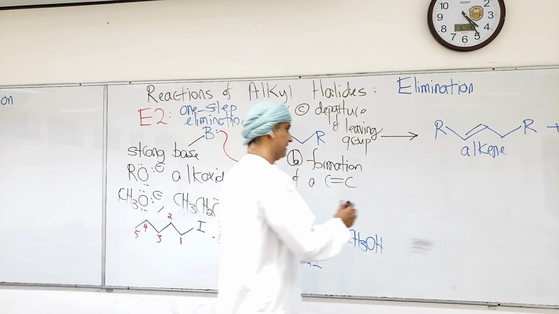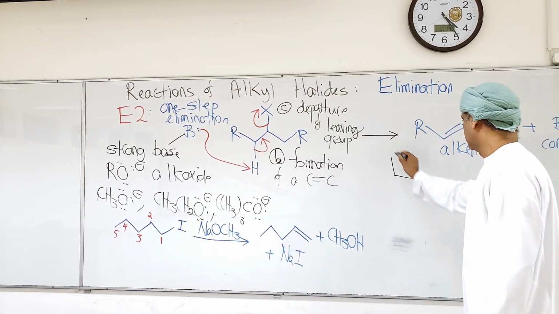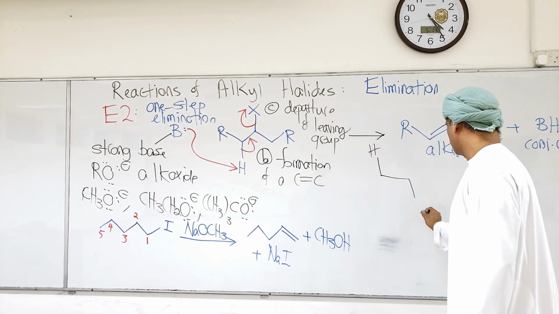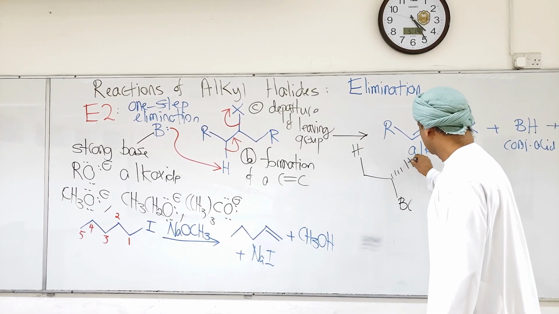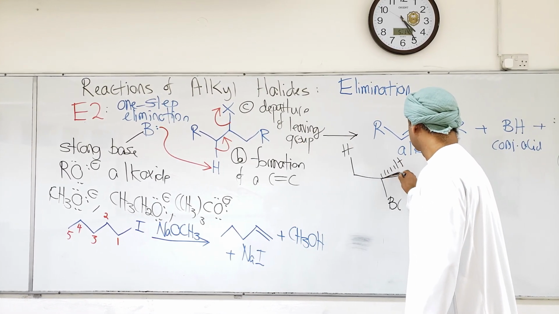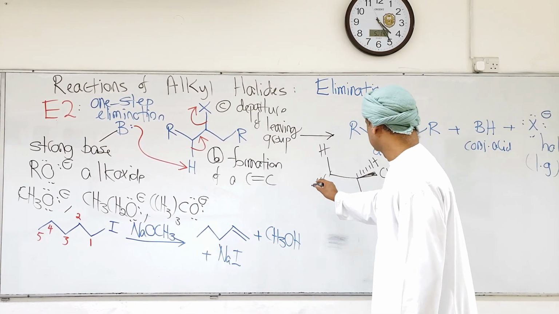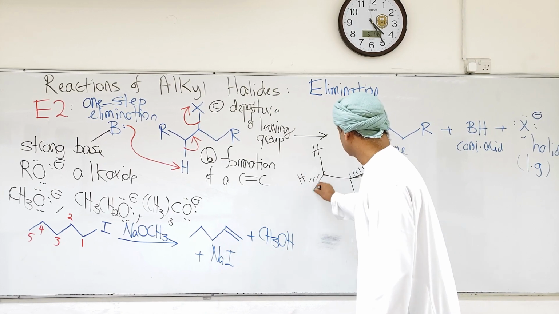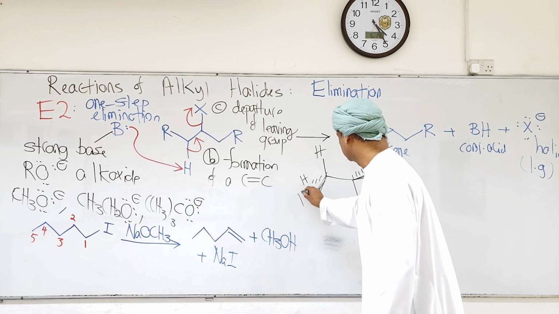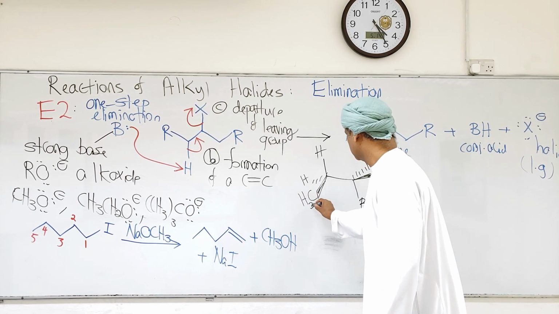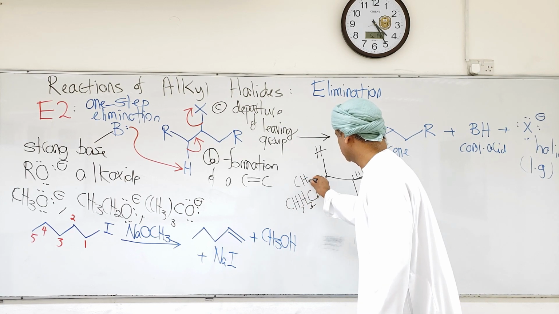So if we take an alkyl halide like this, and here we say Br this time, CH2 here, CH3, and here CH3.